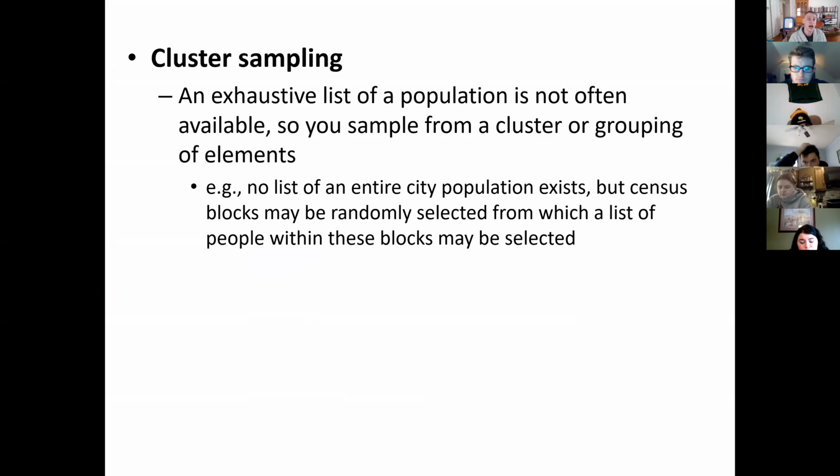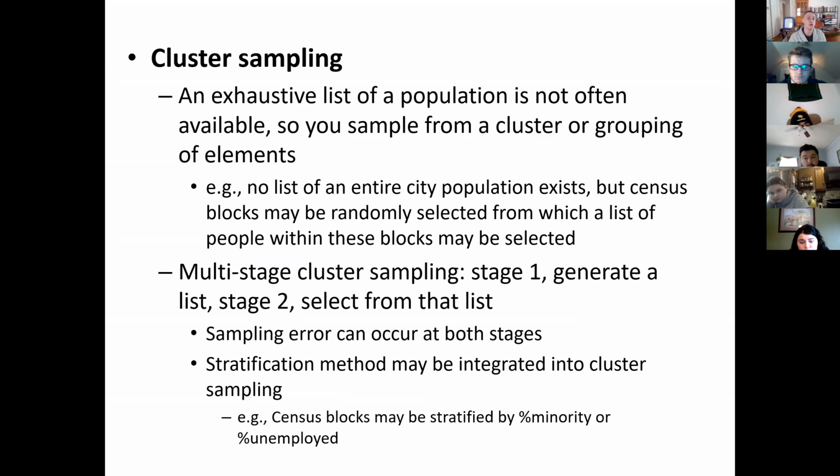So the sample can be stratified. This last one we talked about was clustered. And so you do this in multiple stages to ensure that you have a true random selection of people from within a cluster of other clusters that are selected for some reason related to the representativeness of the population that you're ultimately trying to hit upon.